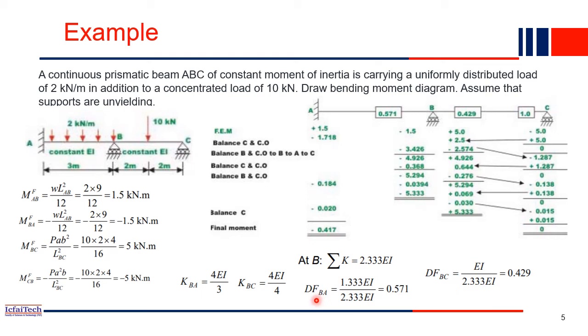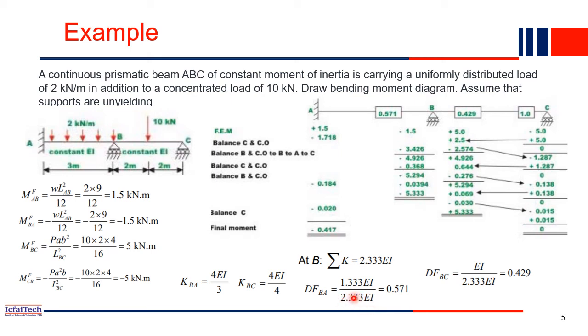Now in the third step we have to compute the DF. DF is the distribution factor. The distribution factor for BA, BA means this side, B to A, will be the stiffness factor at this end divided by the total K at B. The stiffness factor for B to A is 4 by 3 EI, means 1.33 EI, by total K at B. In this B joint, the total stiffness is 2.33.